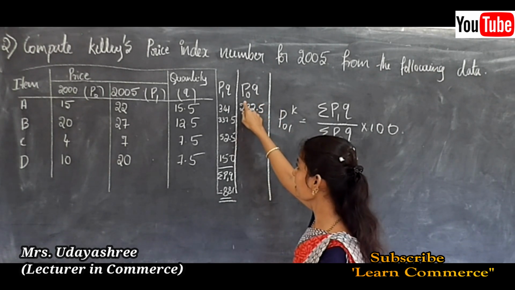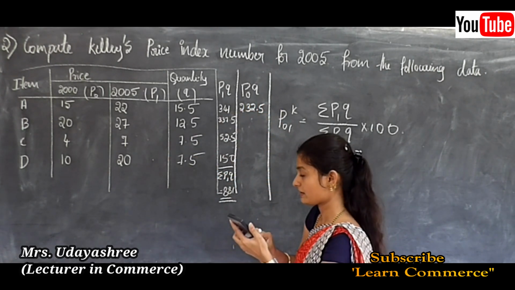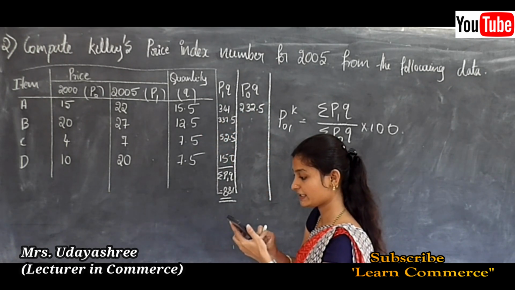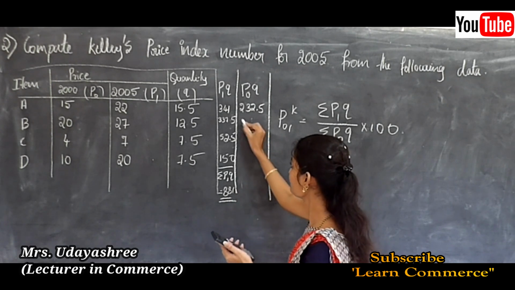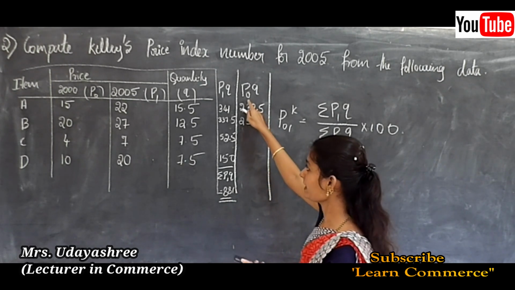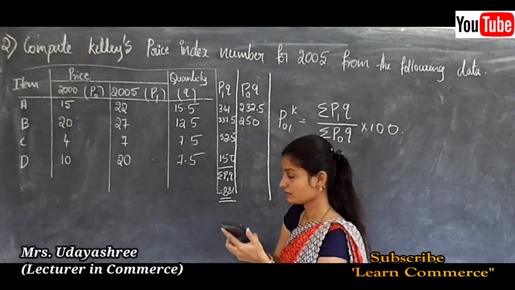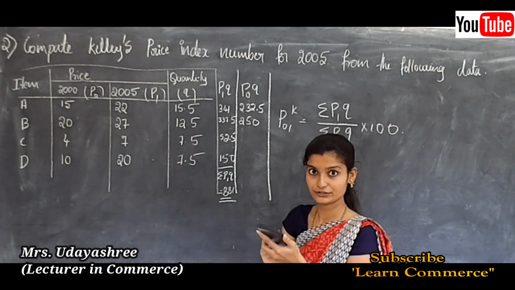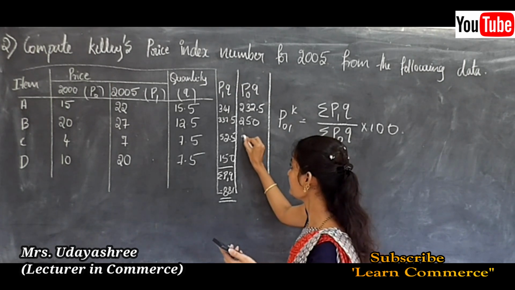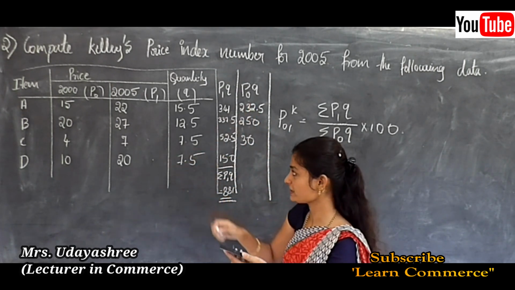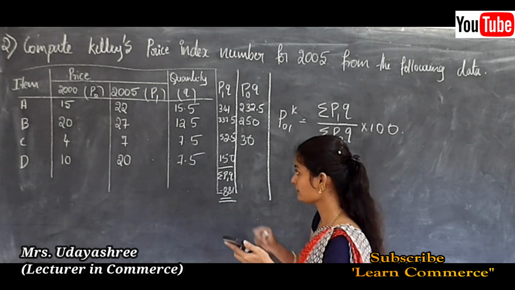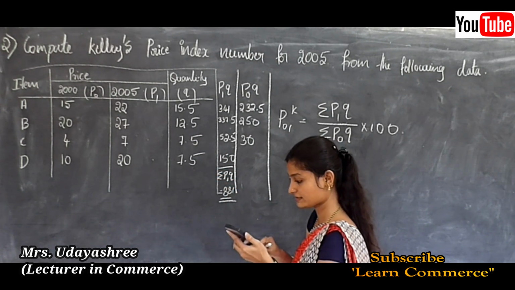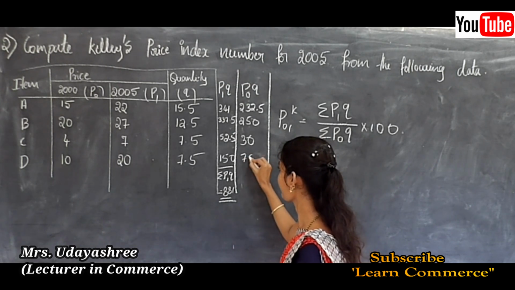Next, P0 is 20 and Q is 12.5. So 20 into 12.5 is 250. Next, P0 is 4 and Q is 7.5. So 4 into 7.5 is 30. Next, P0 is 10, then Q is 7.5, then answer is 75.